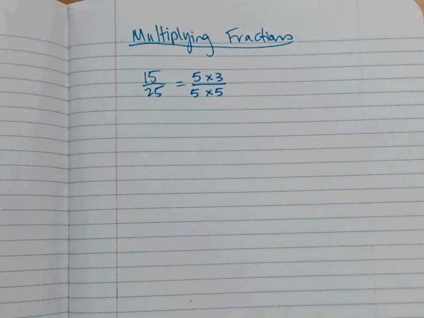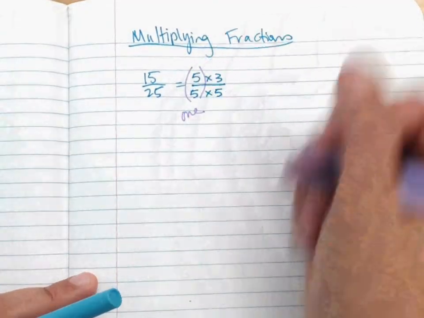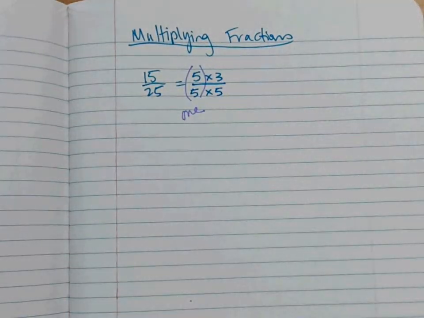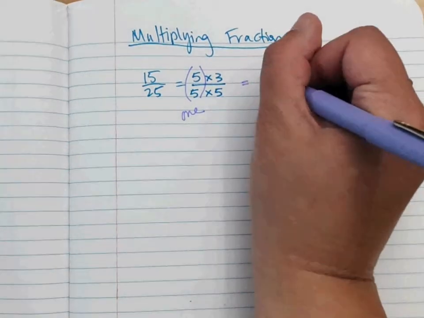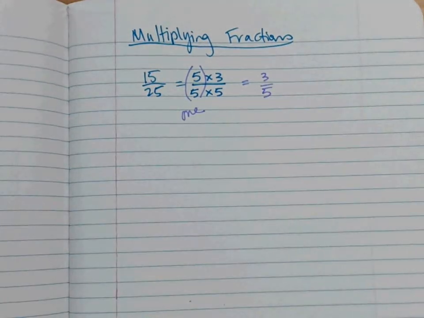And since you know that 5 over 5 is the same thing as 1 whole, those really canceled out, right? The 5 divided by 5 became 1, and then you were left with a reduced fraction of 3/5. So that's really the idea behind multiplying fractions in general, okay?